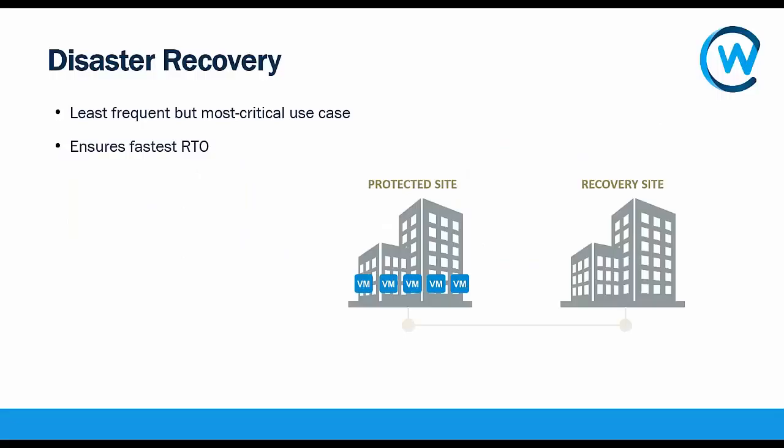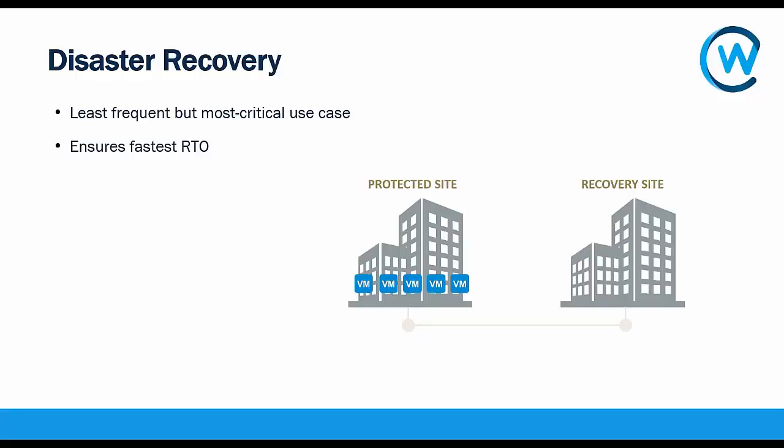The primary use case for SRM is disaster recovery. Effectively you would set up your protected site and your recovery site together, pair them, and have your workloads running in production. This kind of setup ensures the fastest recovery time objective. Say, for example, I want to recover my email servers quickly.